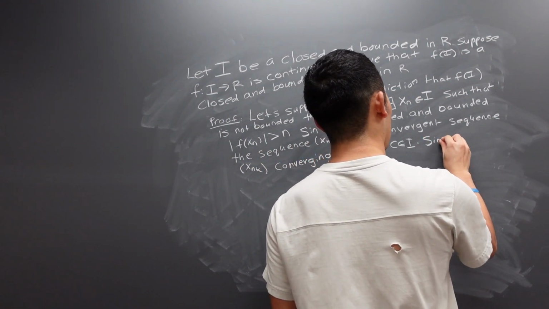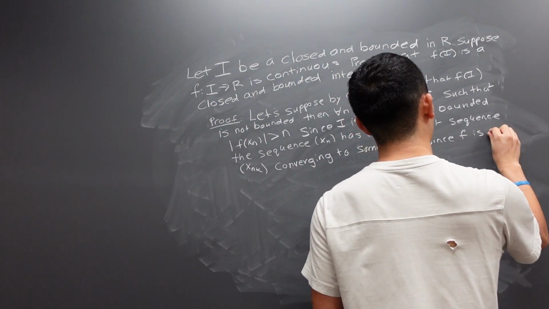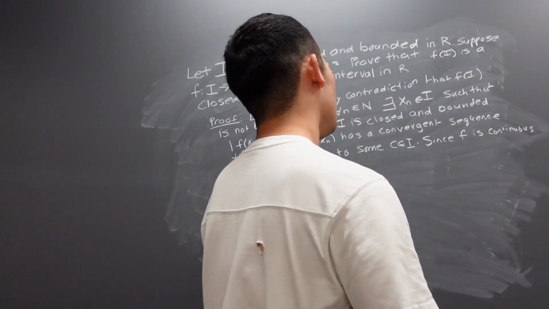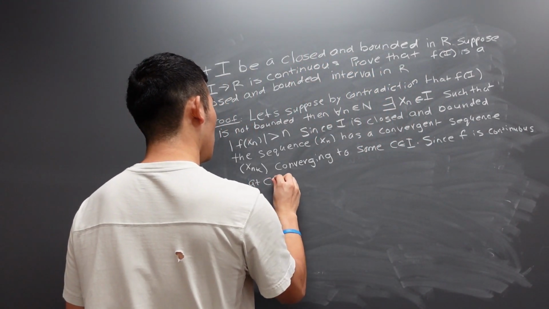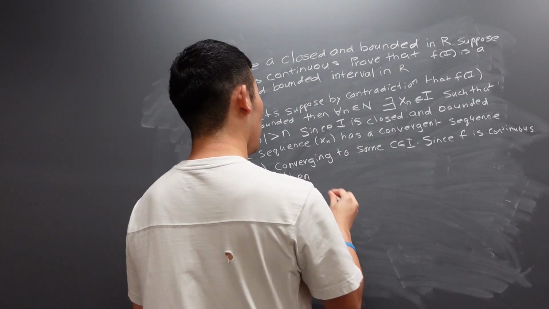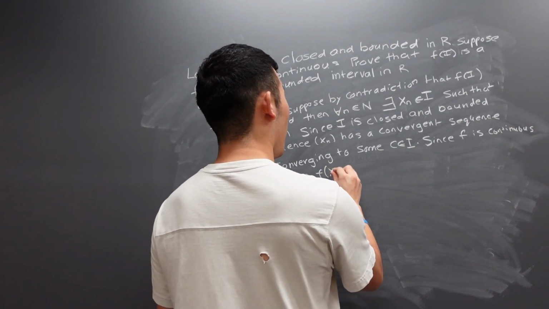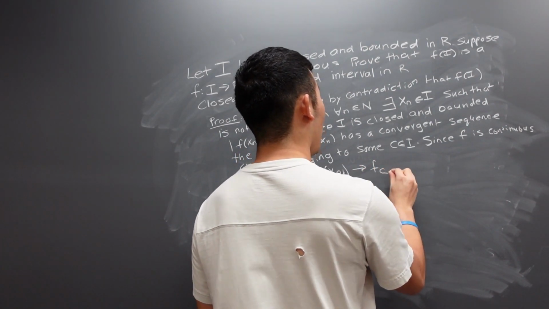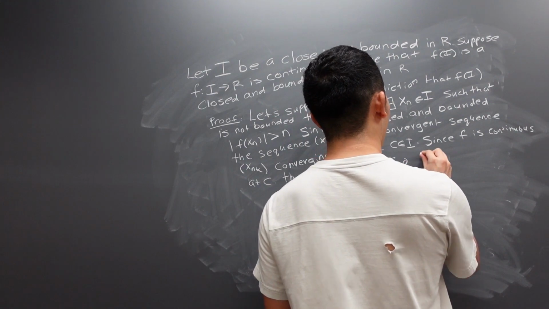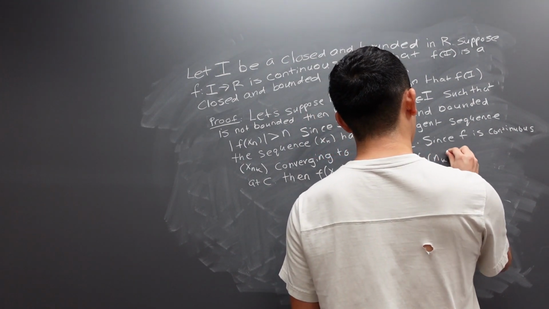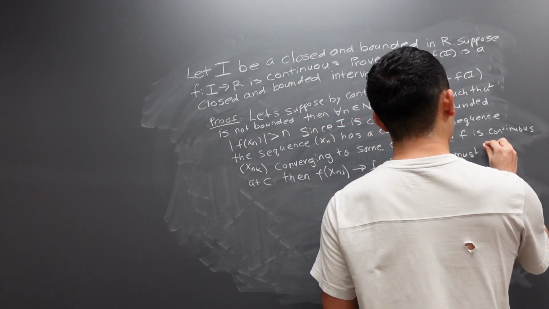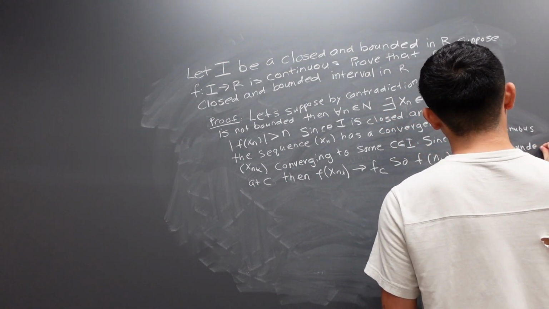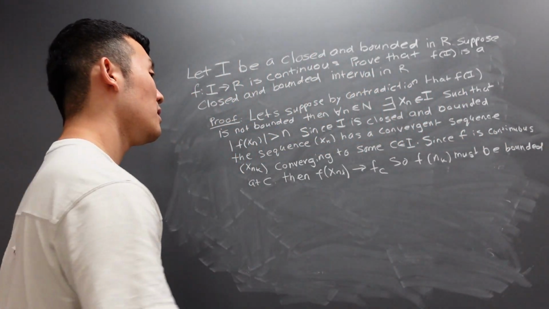And since f is continuous at c, then f of xnk goes to f of c, so f of xnk must be bounded. But this is a contradiction, right?